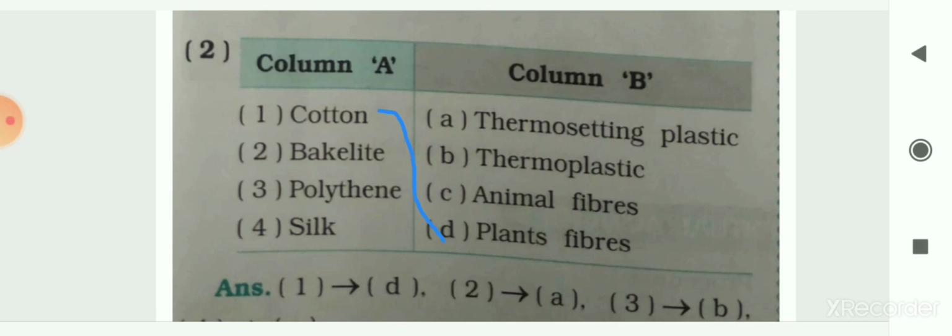Bakelite is the thermosetting plastic. Bakelite is the example of thermosetting plastic. Next is polythene. It is the example of thermoplastic. So your answer will be B. And last is silk. Silk is the example of animal fibers, which we are getting from the silkworms. So your answer is C. So these are the answers of your matching.